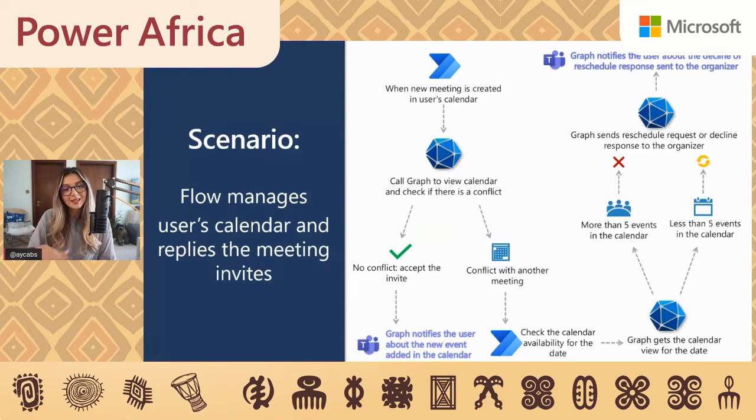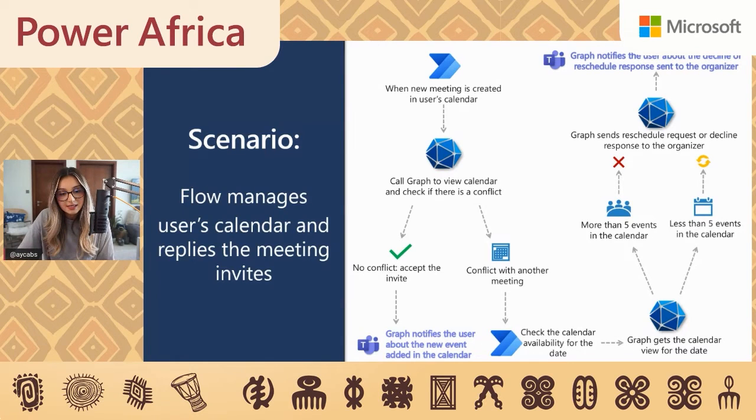Of course, this can be modified according to your customers or your preference, but definitely this scenario helps in many cases. And in this case, the user will not do anything but just get notifications from Teams about whether the meeting is rejected or accepted, or we just send a reschedule request and so on.